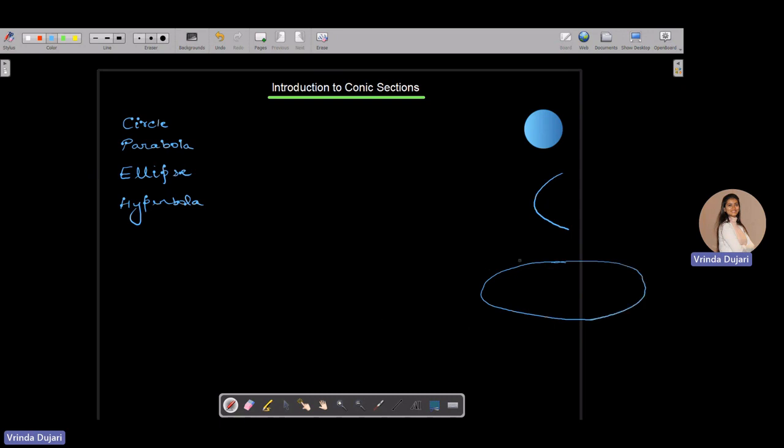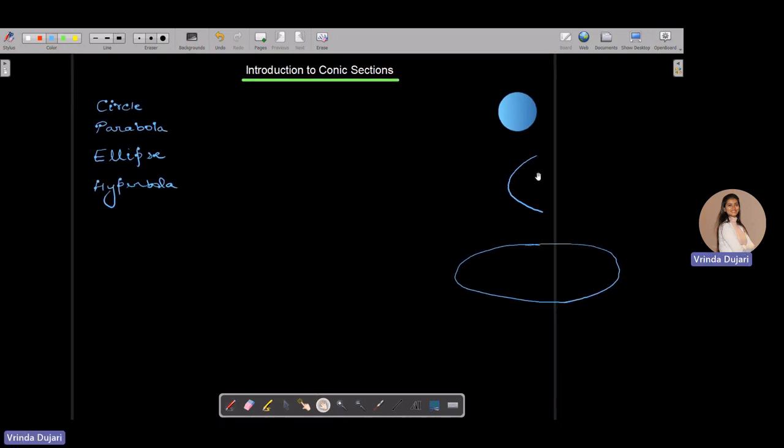And then there is the hyperbola. A hyperbola is kind of two parabolas. So these are your circle, parabola, ellipse, and hyperbola.